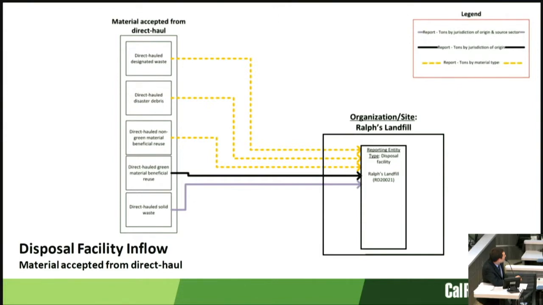Now if it is Title 27 green material, you would indicate that in terms of jurisdiction of origin. So for direct hauled green material you got, it would be 3,000 tons from Sac County, 1,000 tons from Sac City, that kind of thing, if that's indeed what happened.